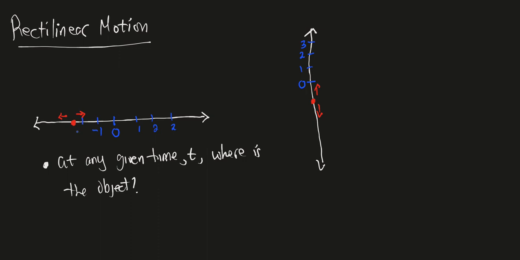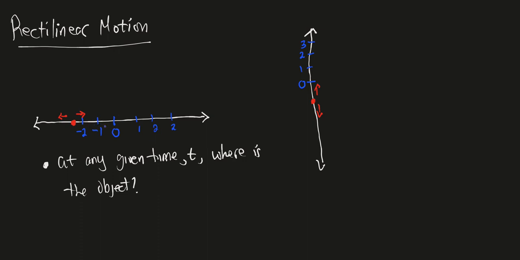So the negative there is really just saying that, relative to this reference point, this point of origin, this position is 1 unit away in the positive direction, whereas this position is 1 unit away in the negative direction, right?